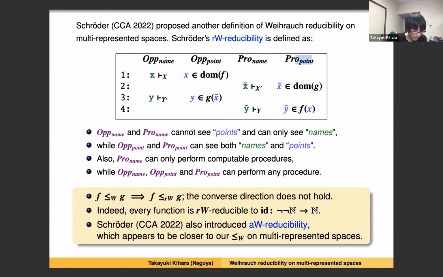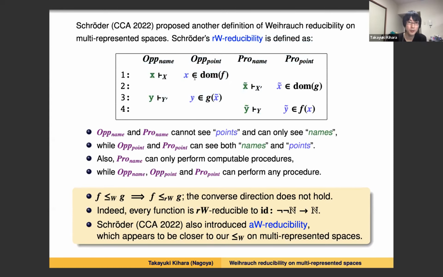The name players can only see names, and the point players can see points. In the previous game, the opponent was one player and the proponent was two players, for a total of three players. But in the case of Schroeder's RW reducibility, both opponent and proponent are split into two players each, making it a 4-player game.